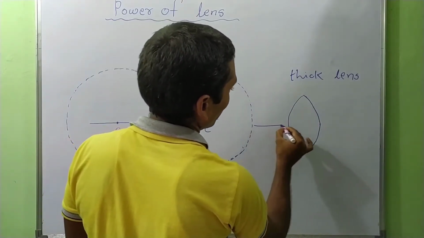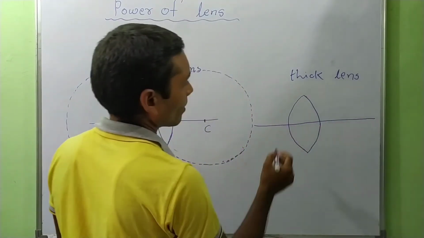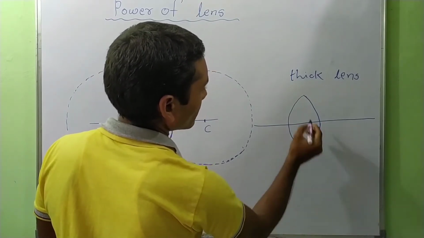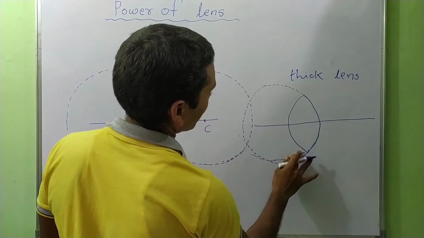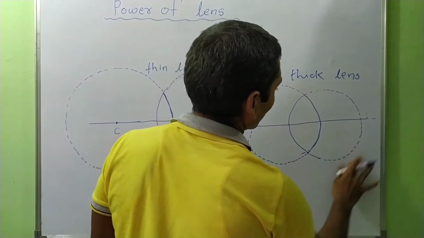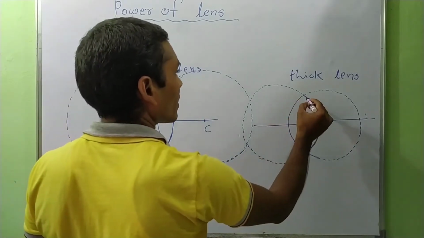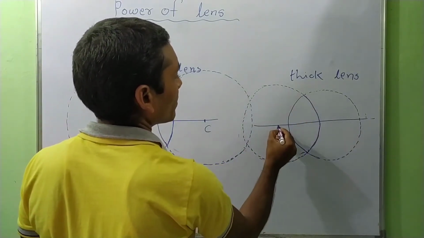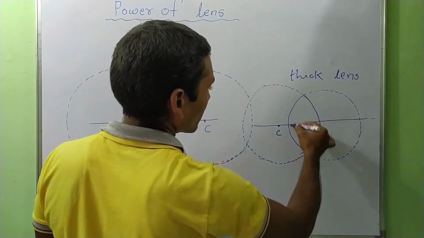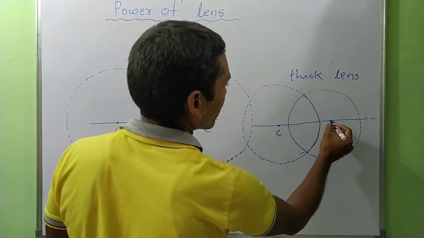We can also draw the principal axis and we can also draw the sphere like this. Okay, like this. So the center of curvature for this sphere will be here, C, and the center of curvature for this sphere will be here.